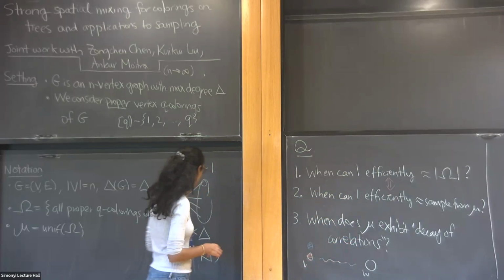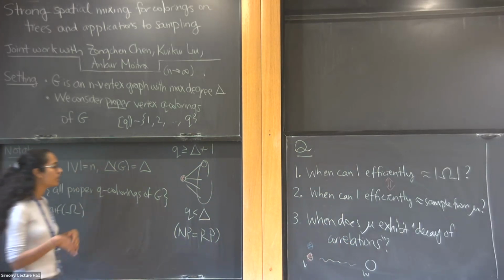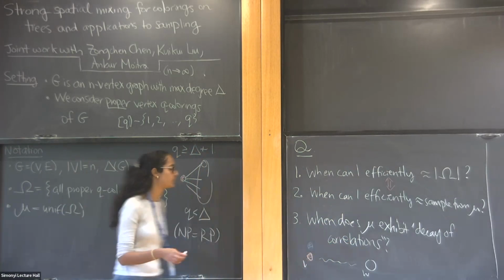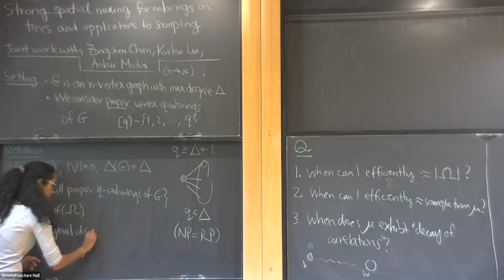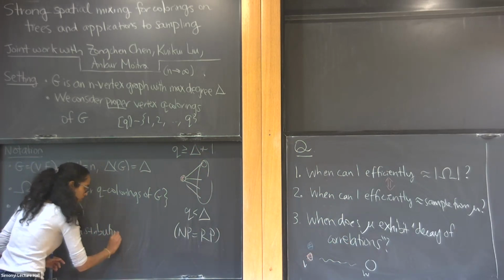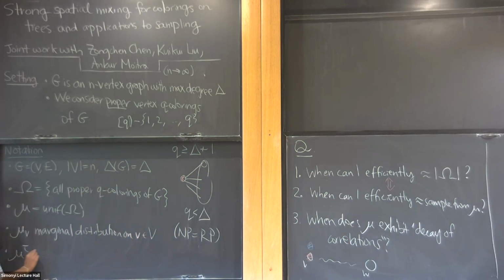Now maybe I'll state a little bit more notation, because as you've heard, I'm talking a lot about what the induced distributions are on specific vertices. So I'm going to let mu sub v be the marginal distribution on some vertex V, and I'm going to let mu superscript tau be the conditional distribution. Here tau is some partial assignment, where I tell you the colors of some vertices, and now I look at sampling from the uniform distribution over all the remaining colorings that agree with tau.